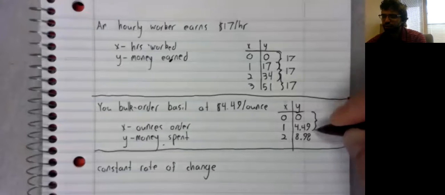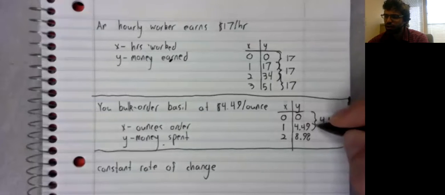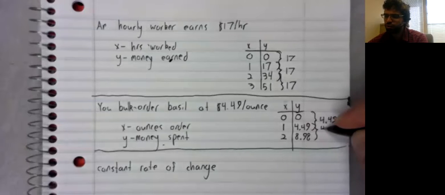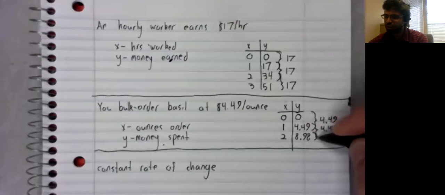So when we went from 0 to 1, the cost increased by $4.49. When we went from 1 to 2, the cost increased by $4.49.